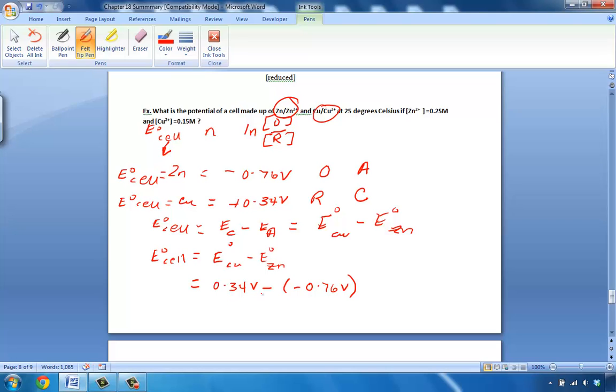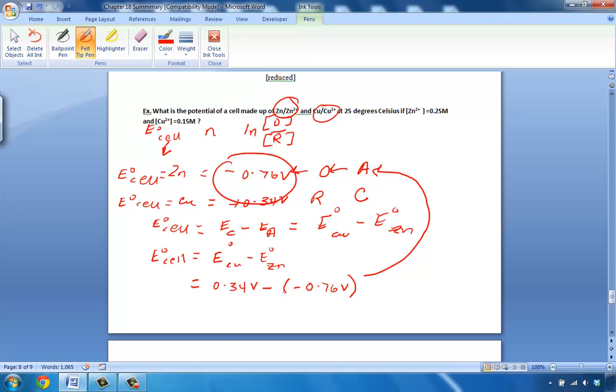Even though the anode is the oxidation, so zinc is actually being oxidized, and this is a reduction value, we do not change the sign. We take the negative value just as it is in the table and plug it in. The table said negative 0.76, and negative 0.76 we will use.